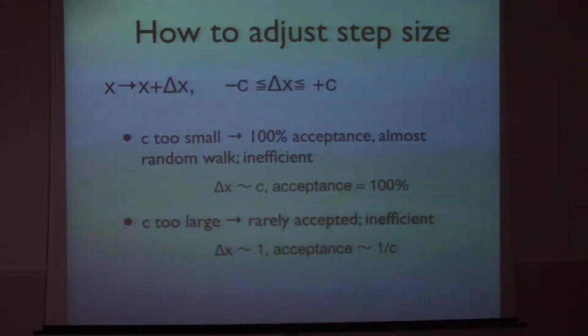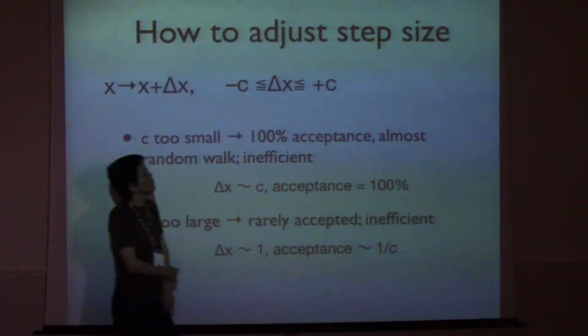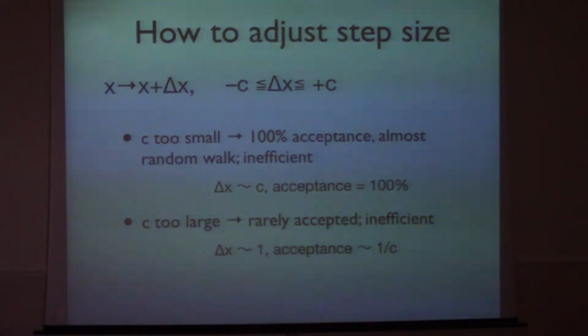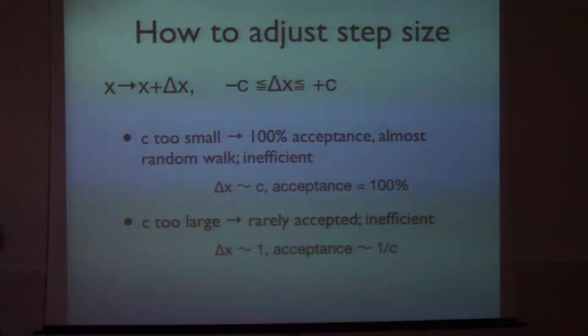But still, even in the Metropolis algorithm, we can improve the efficiency. The free parameter here is C, which describes how big a change is allowed. And you can imagine that if C is very small, then delta S is almost 0.